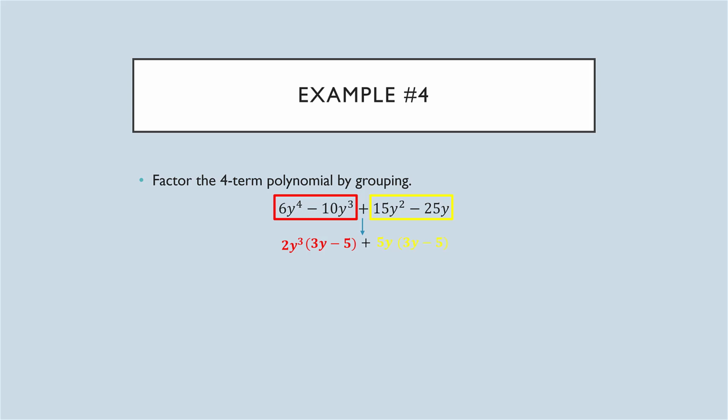Pause for a moment, check your factors. Do my parentheses match? Yes, they do. That's a good thing. That's kind of a built-in self-checking mechanism. So I'm going to write that factor first, 3y minus 5. And then the second factor comes from those GCFs on the outside: 2y cubed plus 5y. And that's our factored form.